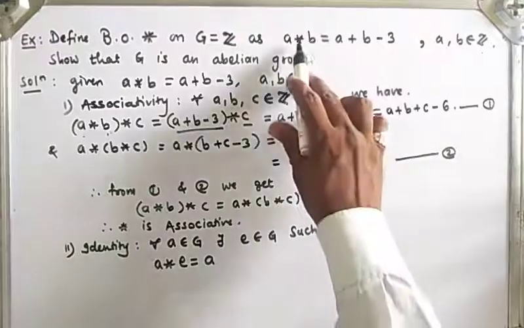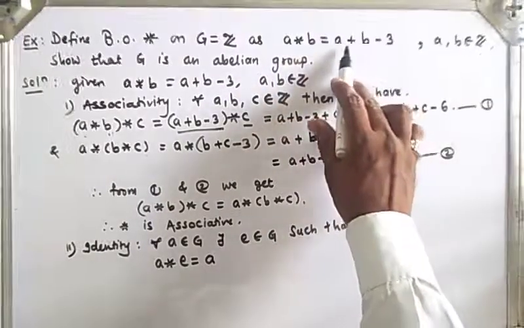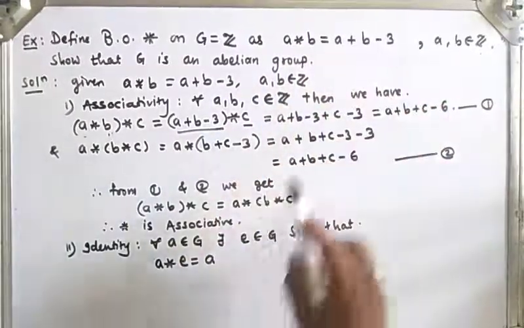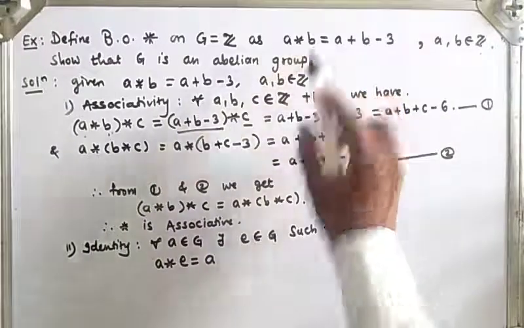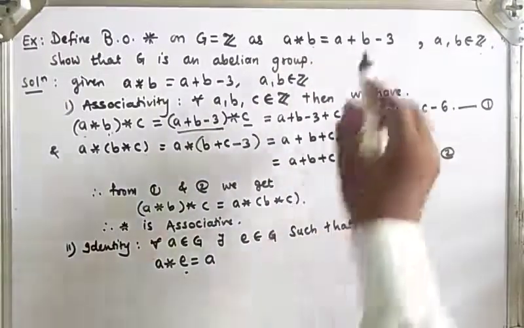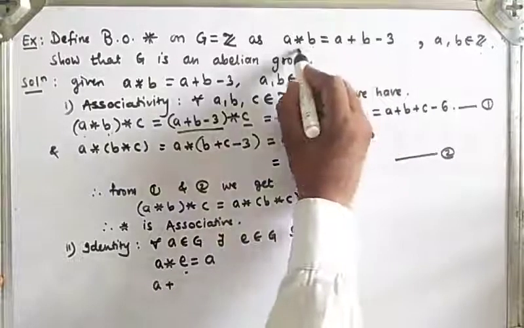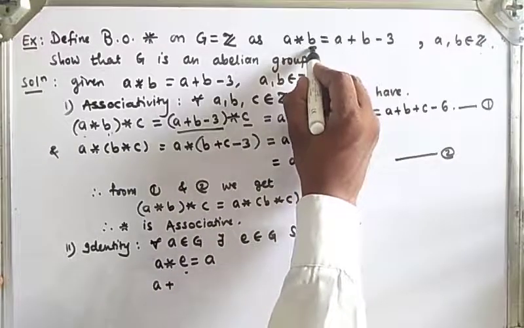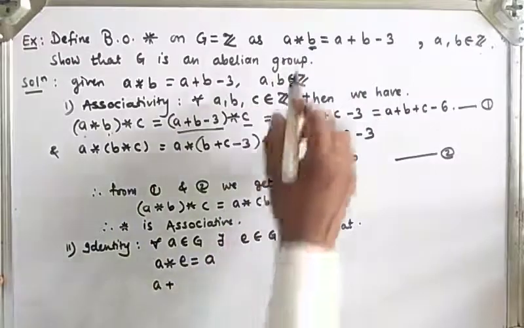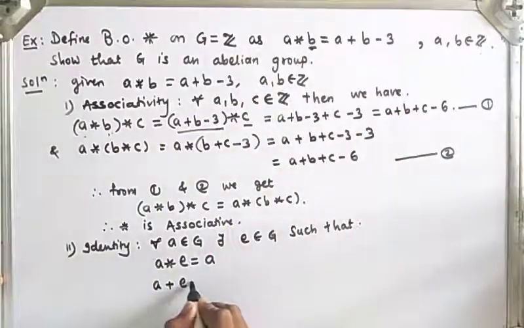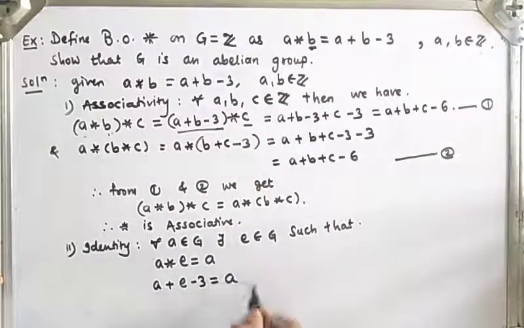We have a star b equal to a plus b minus 3, so I will replace b by the identity e in this equation. So what will we get? a plus e minus 3, which is equal to a.